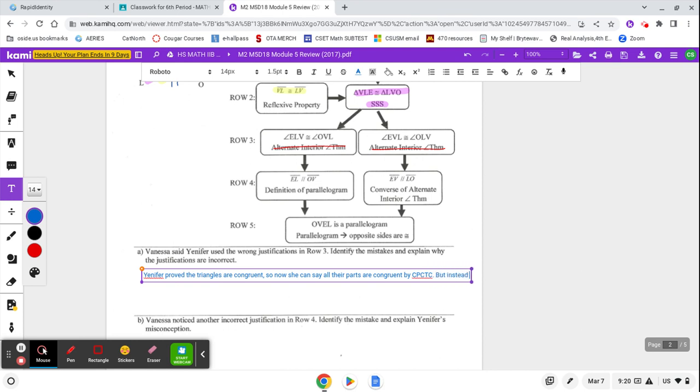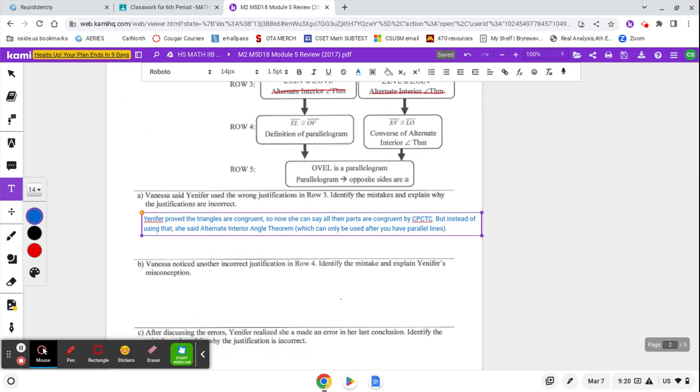But instead of using that, she said alternate interior angle theorem, which can only be used after you have parallel lines. So the mistake that she made is by saying alternate interior angle theorem instead of CPCTC.